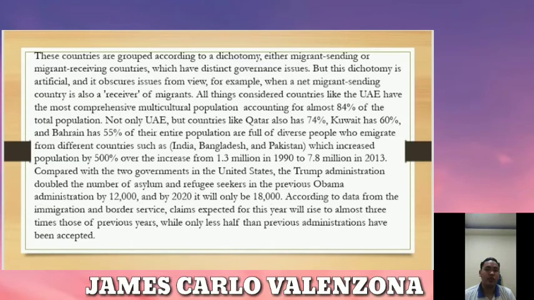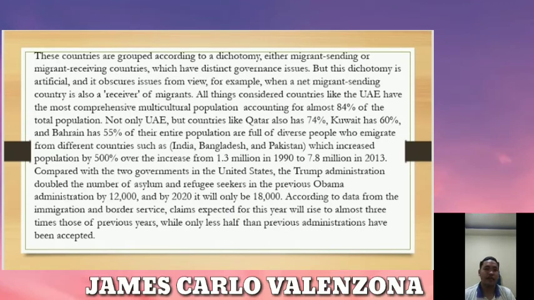Compared with the two governments in the United States, the Trump administration doubled the number of asylum and refugee seekers of the previous Obama administration by 12,000, and by 2020 it will only be 18,000.